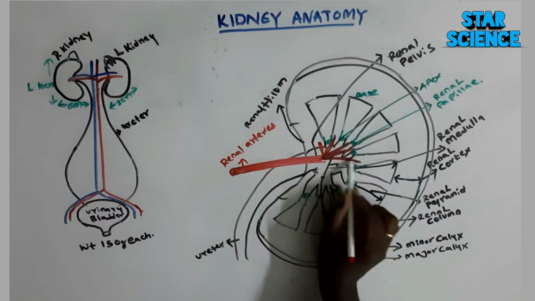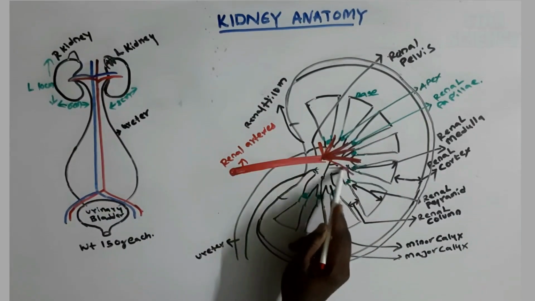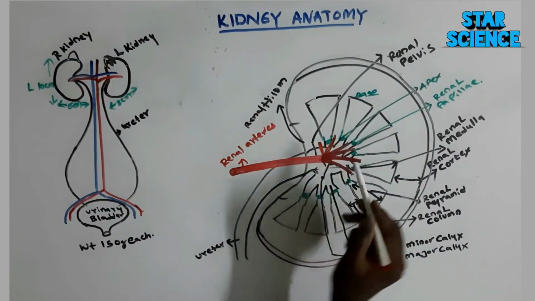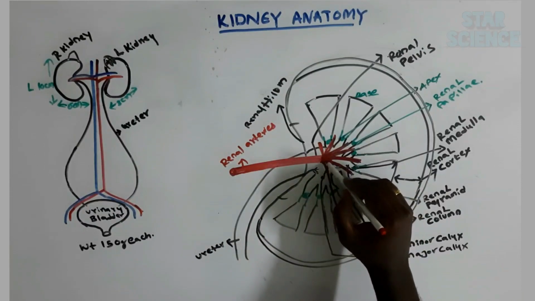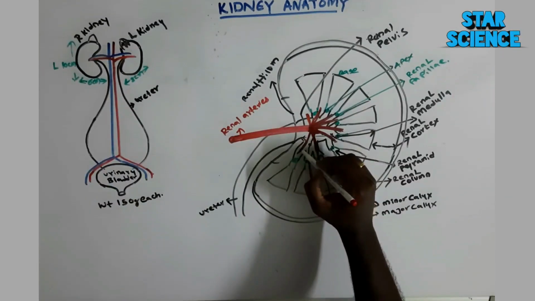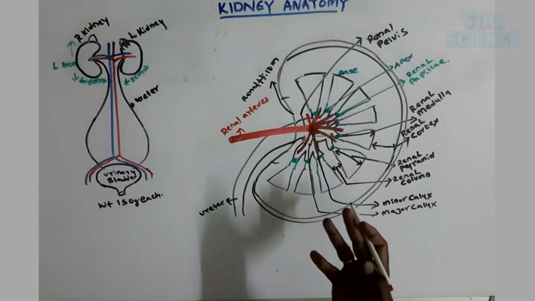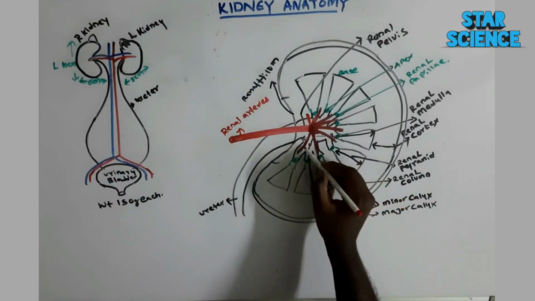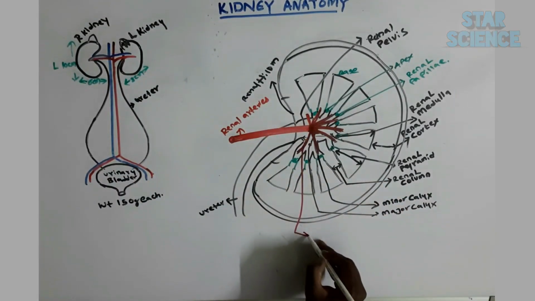Now I am drawing this particular space where the arteries are branching. It is called the segmental arteries.